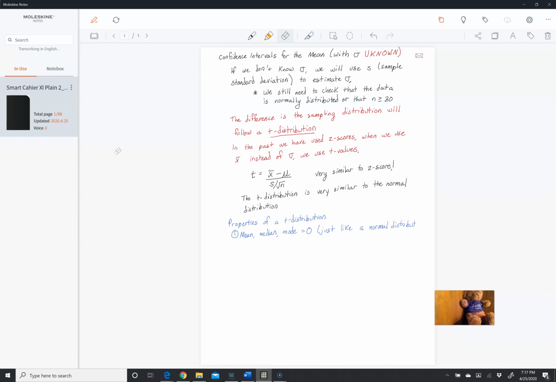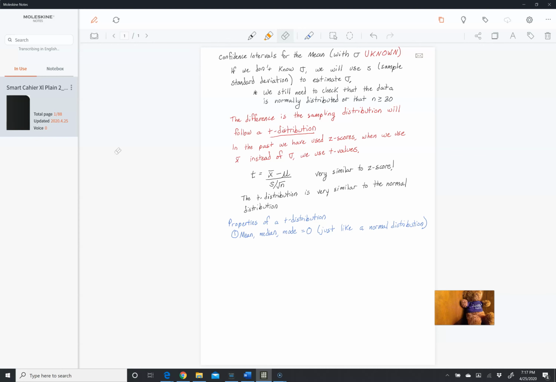But if you remember, the mean, median, and mode are at 0, and then the z-scores are measured as 1 standard deviation away from the mean, either above or below, 2 standard deviations, either above or below. That's how we figure out those z-scores, right? How many standard deviations are we away from the mean, the median, and mode?